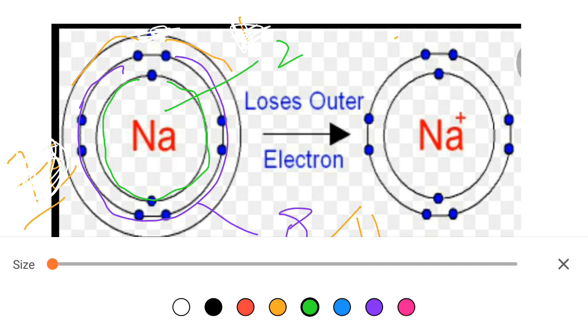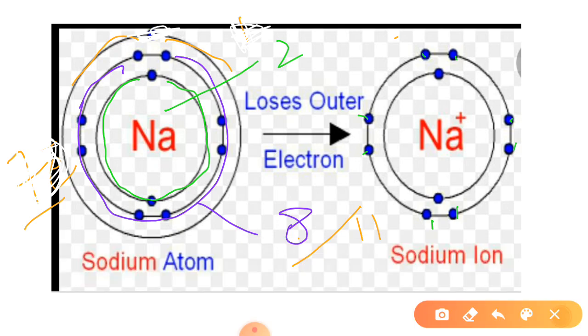Let's count here in the case of sodium plus: 1 2 3 4 5 6 7 8. So in the outermost there are 8 electrons, so it is stable. And to gain that stability, one electron is lost. So by losing one electron, it becomes Na positive.